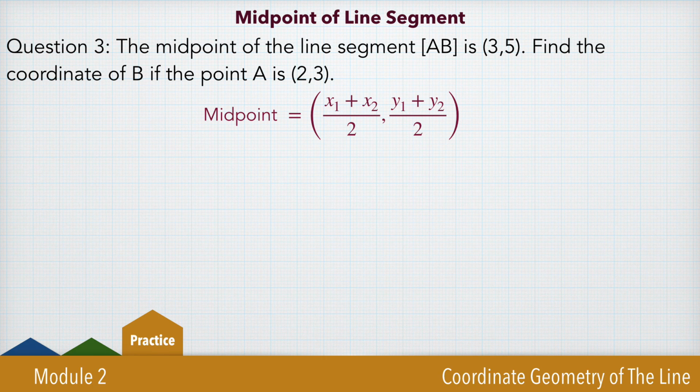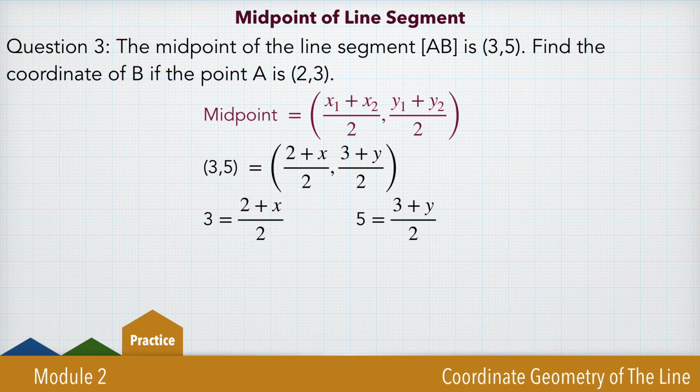We start by substituting everything into the formula as normal and using the letters x and y for the unknown coordinates of B. The midpoint formula contains a comma, which allows us to break and separate the x values from the y values. We can now solve each part for the variables x and y. Simplifying gives us an x value of 4 and a y value of 7. Therefore, the coordinates of B is 4, 7.